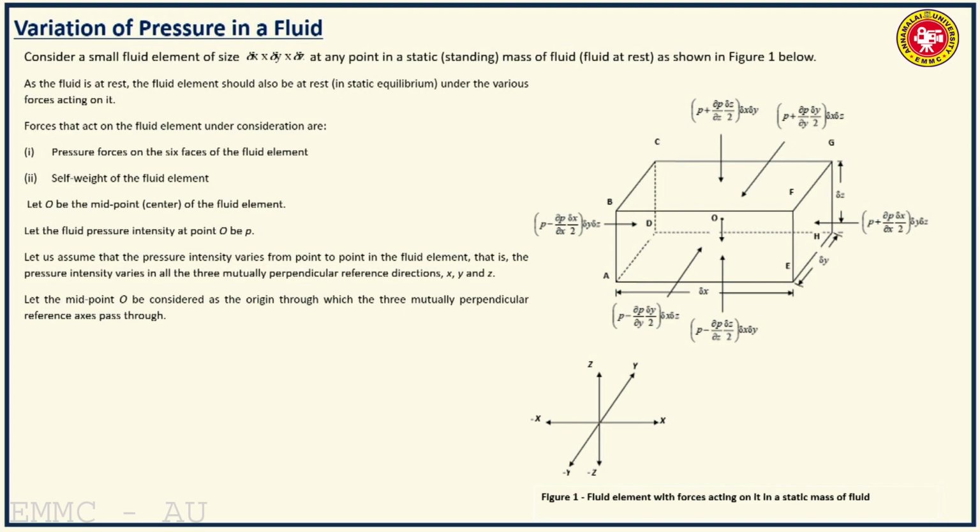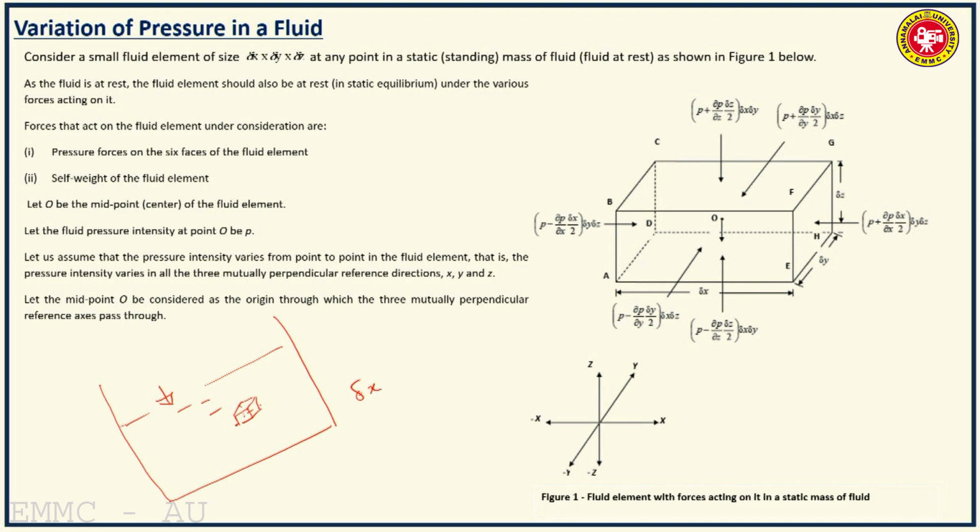So now let us discuss the variation of pressure in a fluid mass. So let us consider a liquid, say stored in a vessel with a free surface. Let us consider a small fluid element within the big mass of fluid, which has a size delta x by delta y by delta z.